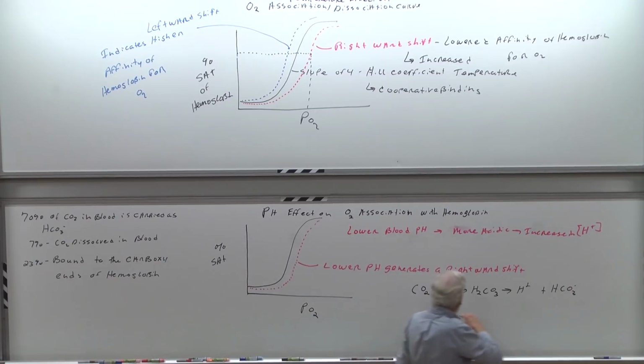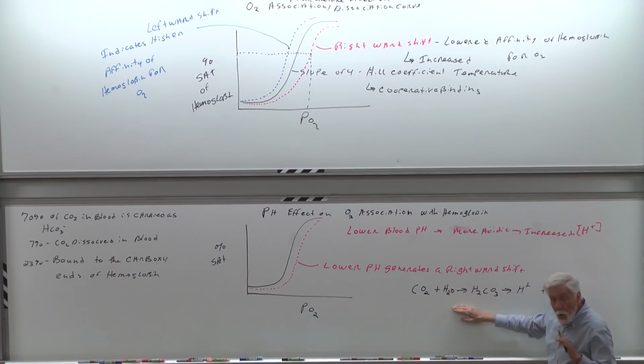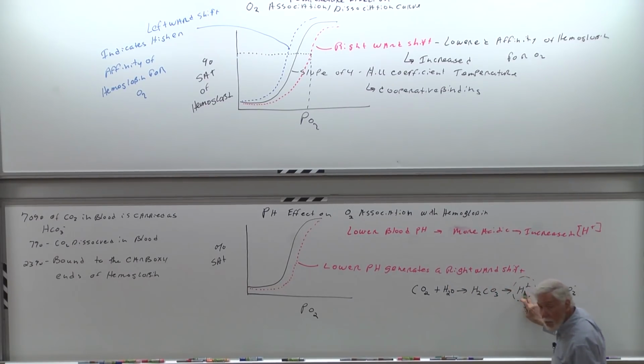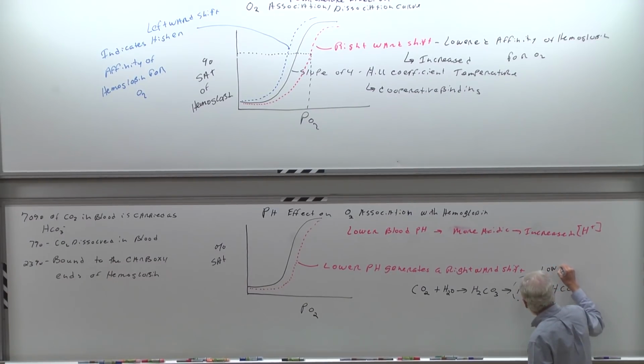From this equation, just this simple chemistry equation, you'll recognize that carbon dioxide in water gives rise to hydrogen ion. The hydrogen ion now lowers blood pH.